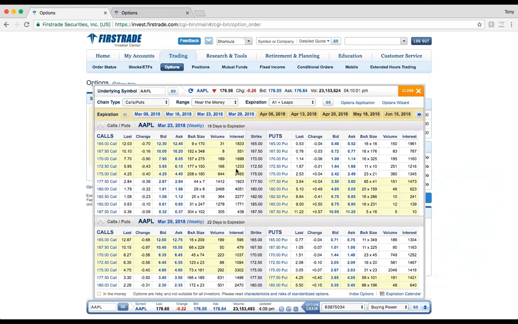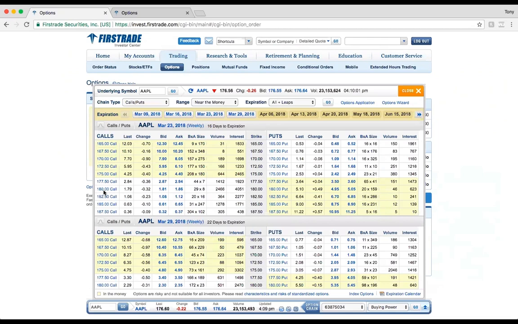You don't necessarily know what's the best expiration to choose, what's the best strike price, and how to do your analytics. What's the difference between trading this 175 and this 180 call? How do you analyze the two? Or how do you decide, should I buy a stock or should I buy a call? These are all the problems that, whether you're starting out or an experienced options trader, you continuously have day to day.